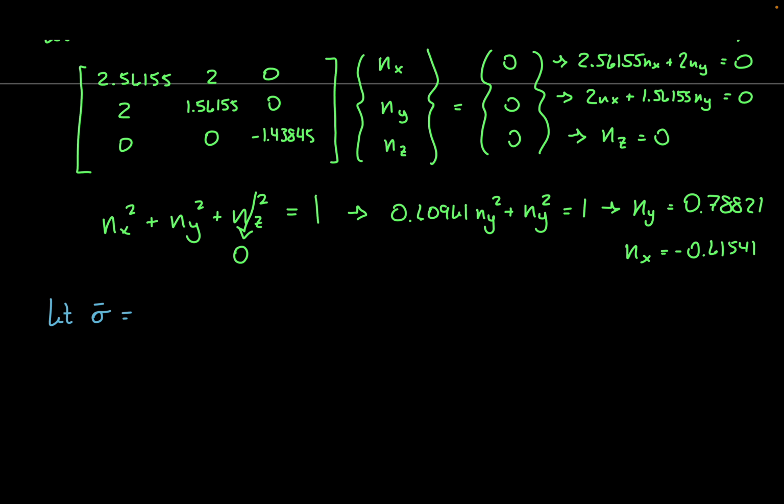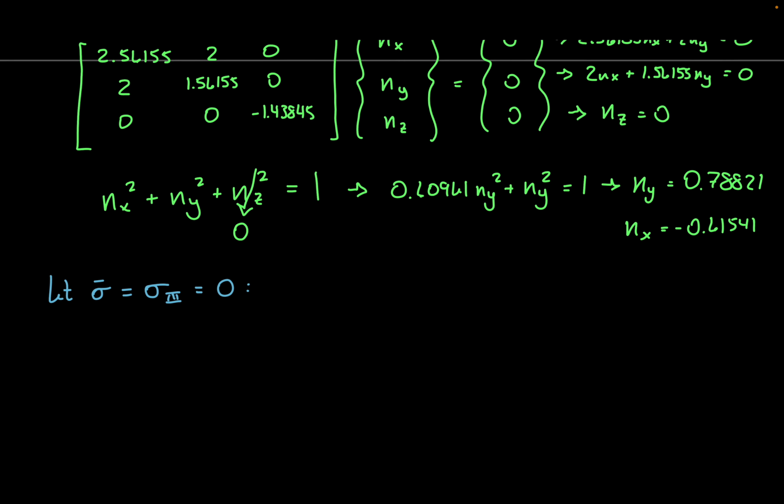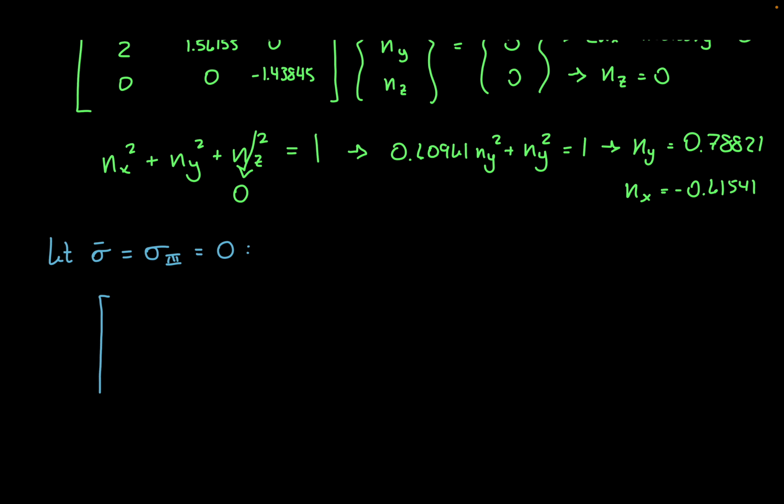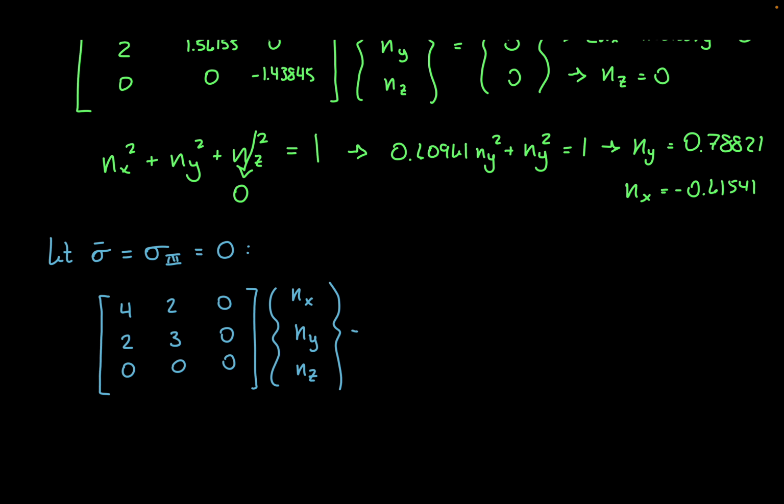We can say sigma bar is equal to sigma 3, and then we said before sigma 3 is equal to 0. So now we can fill out the matrix, and it'll pretty much be the matrix as we started, because we're not subtracting anything now. And then we'll multiply by our column vector of the unit vector n, and then we'll have the 0 vector, just like that.